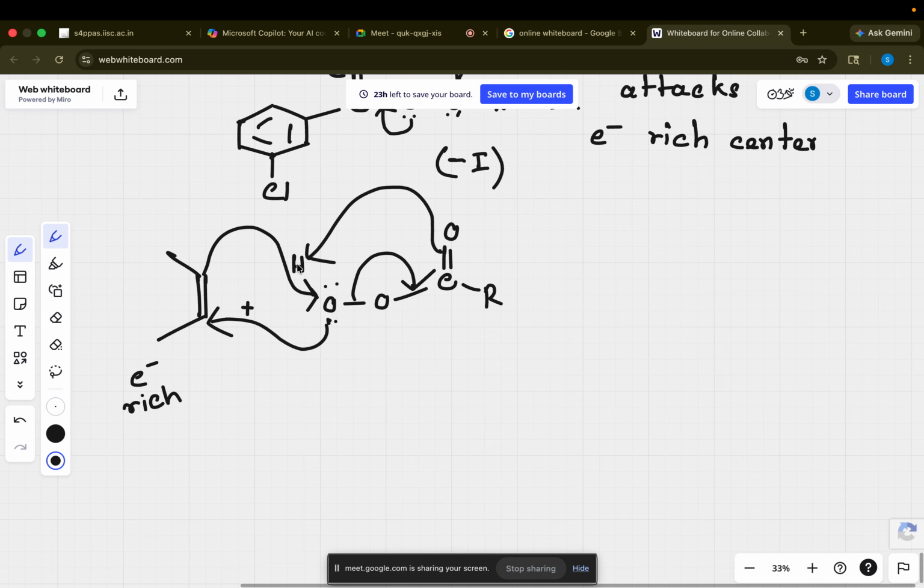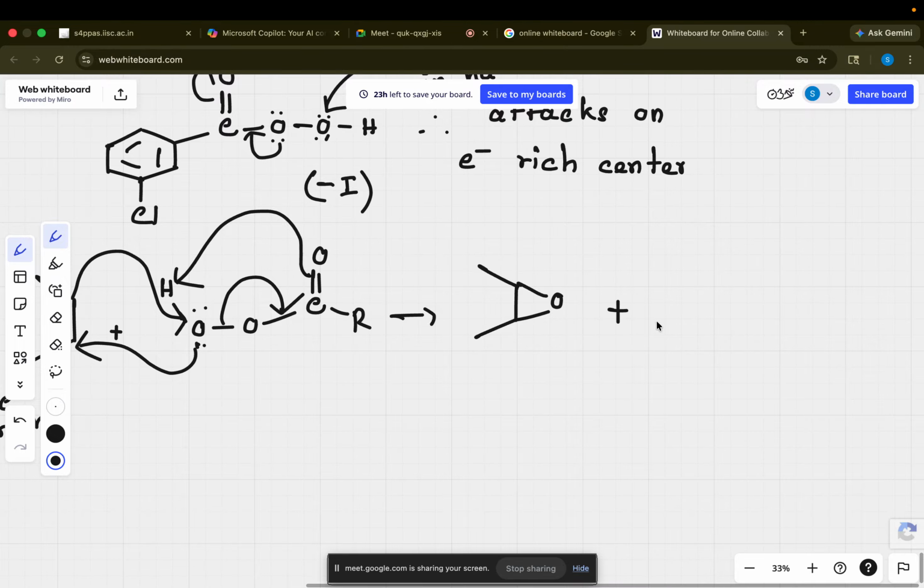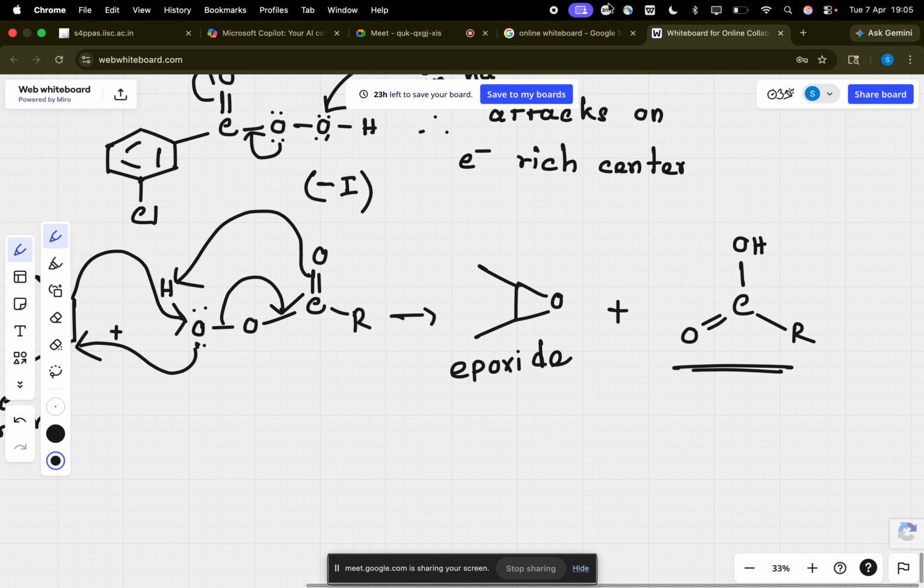The O minus abstracts the acidic proton. Ultimately you get an epoxide. As for the side product, this bond moves here, so you get carbon double bond O, which takes up the proton and becomes OH, with R. So you get a carboxylic acid as the side product, and the epoxide forms here.